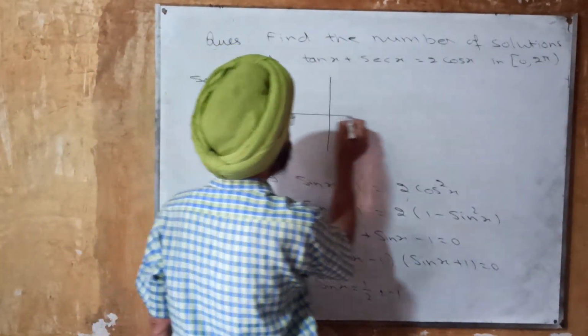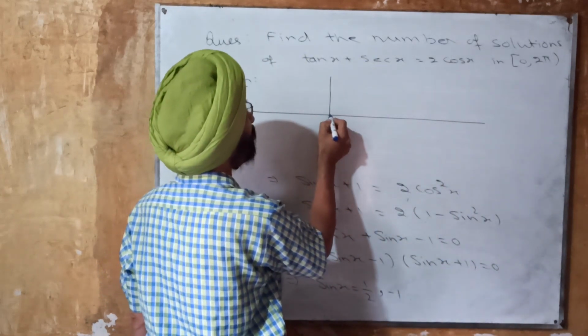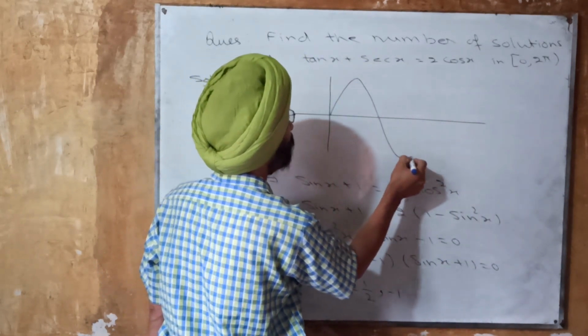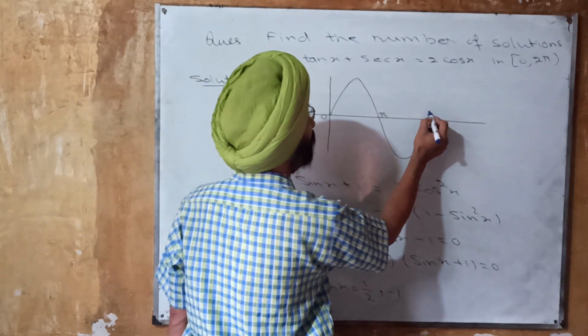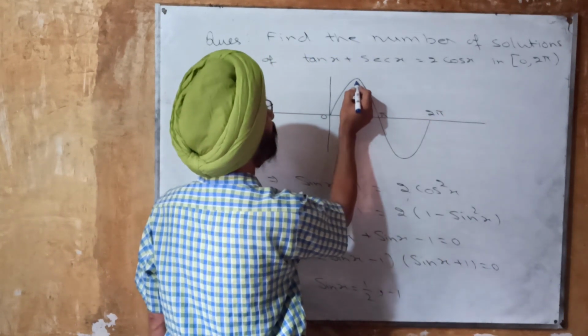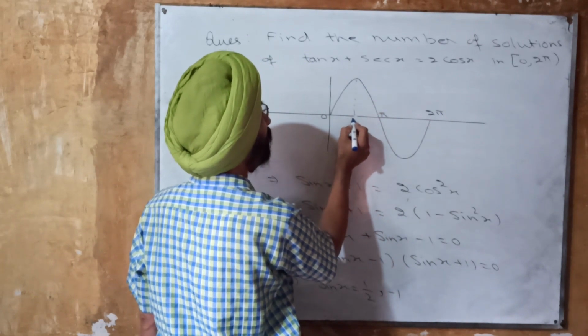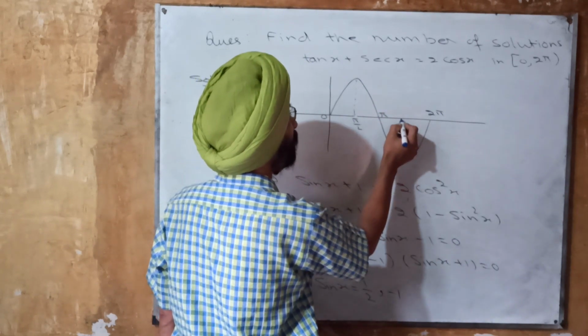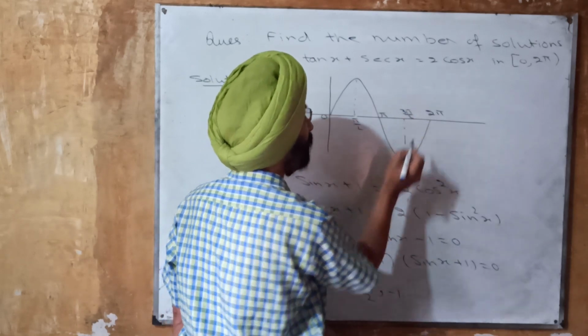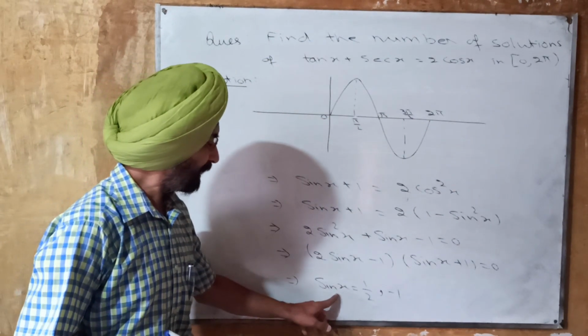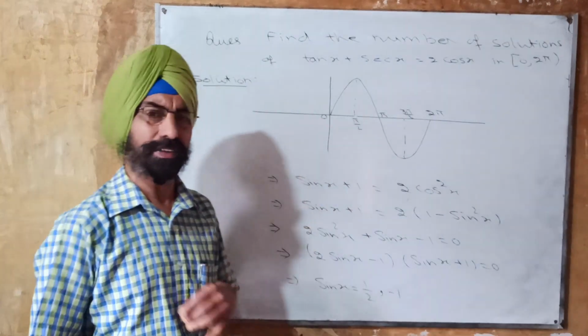This is the graph of sin x. This is 0, this is pi, this is 2 pi, this maximum value is at pi by 2. This minimum value is at 3 pi by 2. Now, this is sin x is equal to 1 by 2 and minus 1.